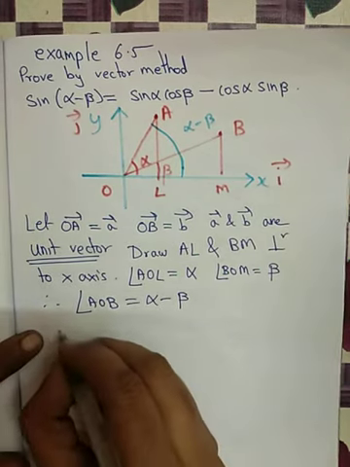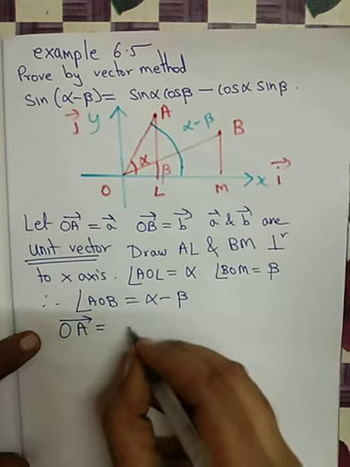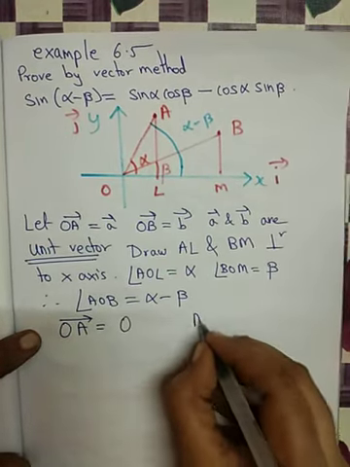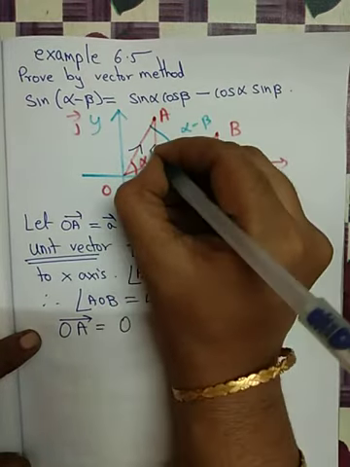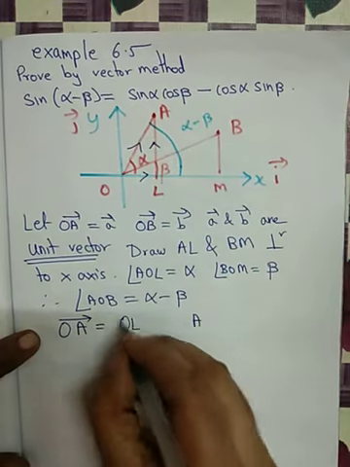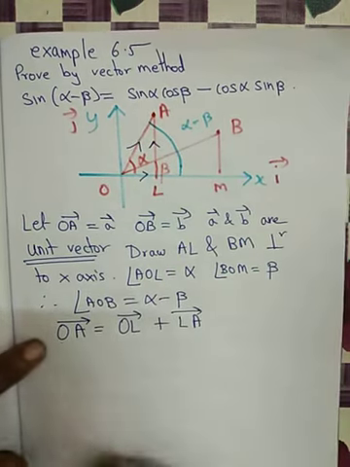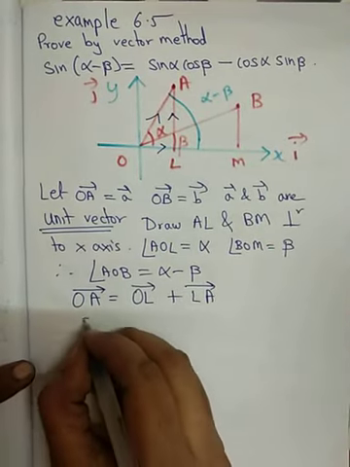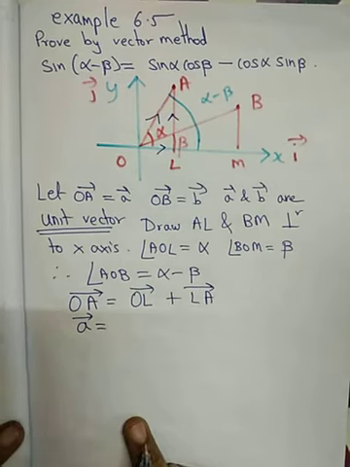First let me write OA vector. How to split OA vector? O is the starting, A is the ending. So OA I can write it as OL plus LA. So OL vector plus LA vector. Instead of OA, let me write A vector, because OA is equal to A vector.